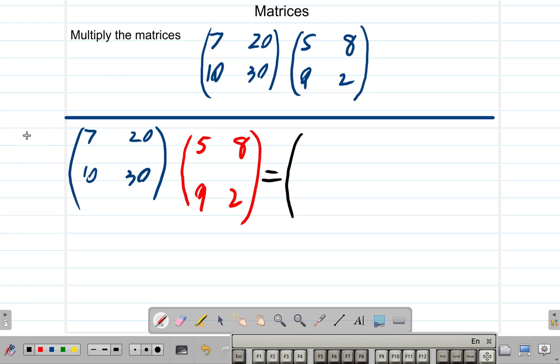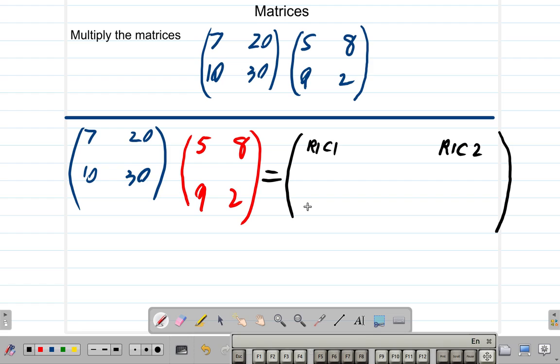Now, we're going to have a matrix as the answer here. This number that will come here is in row 1, column 1. This, let me put it a little bit further, is in row 1, column 2.